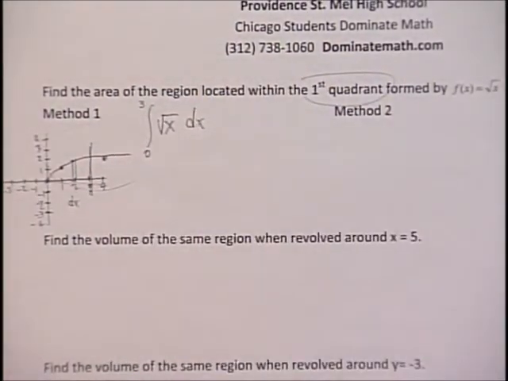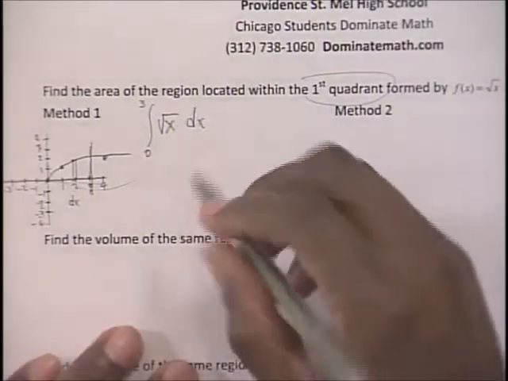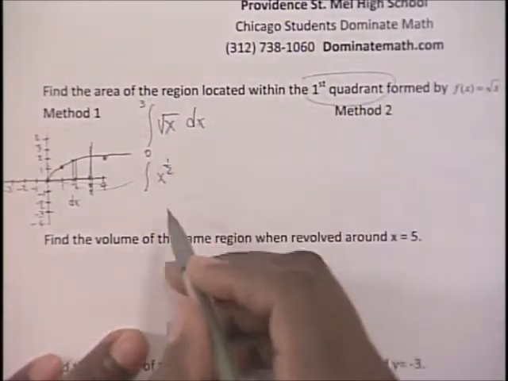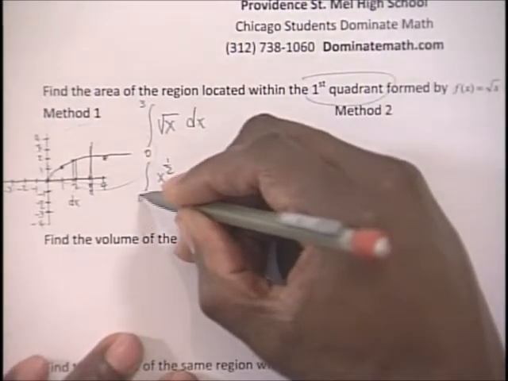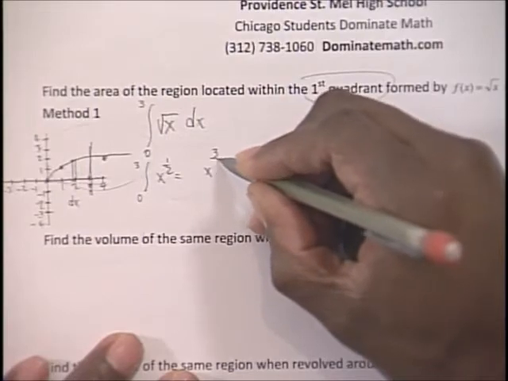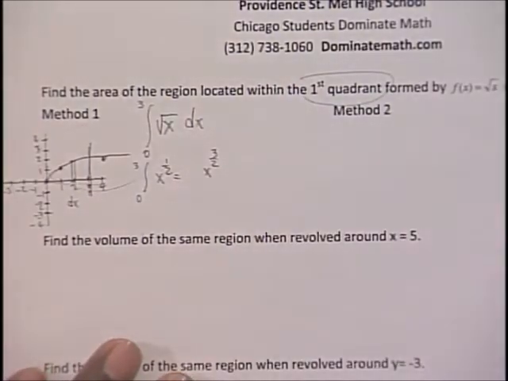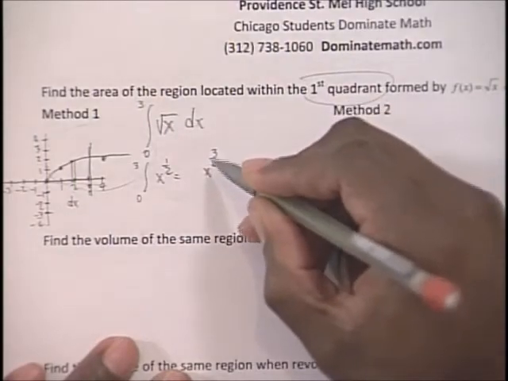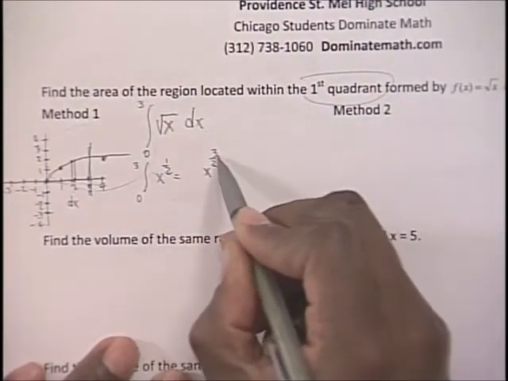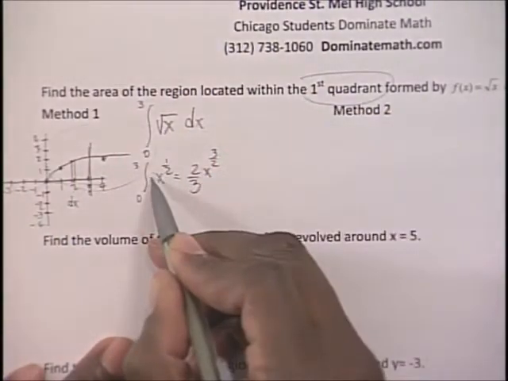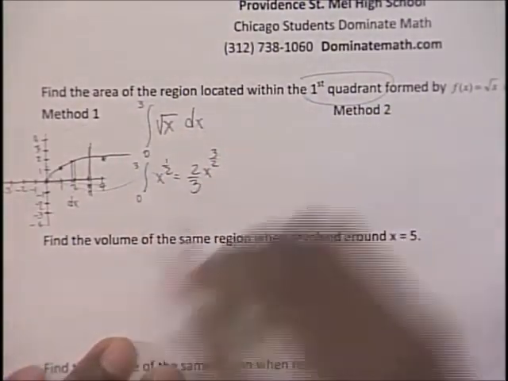Now you're going to have to take the antiderivative of x to the half, summed from 0 to 3. You end up with x to the 3 halves. And then you take 1 divided by that new exponent, so the old coefficient divided by the new exponent, you get 2/3.